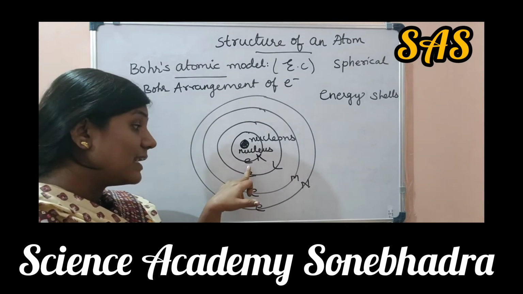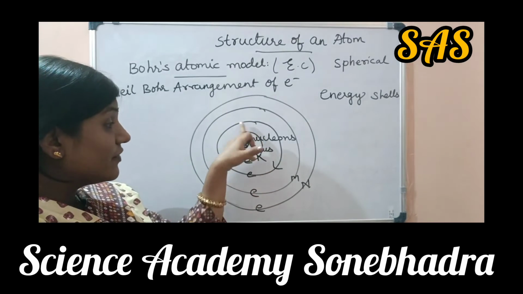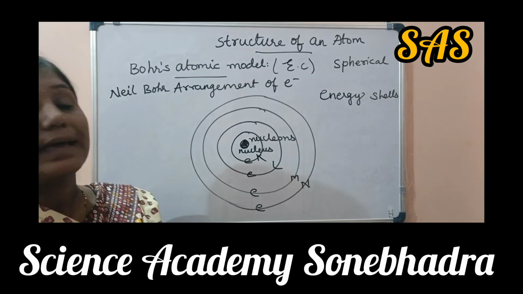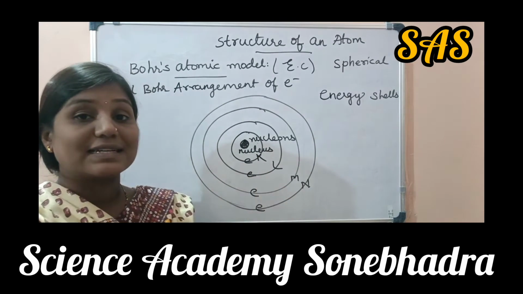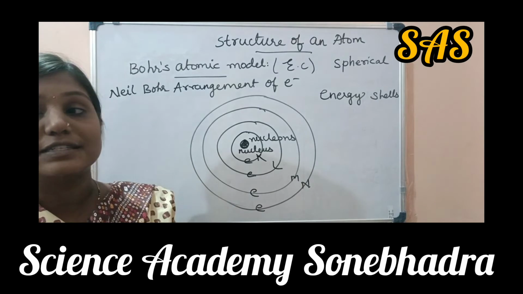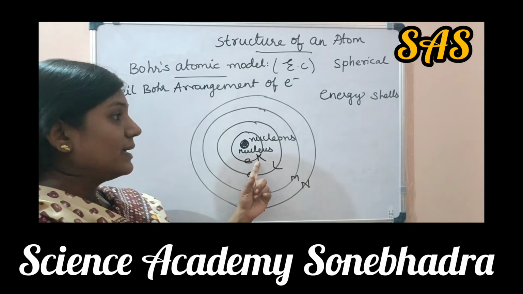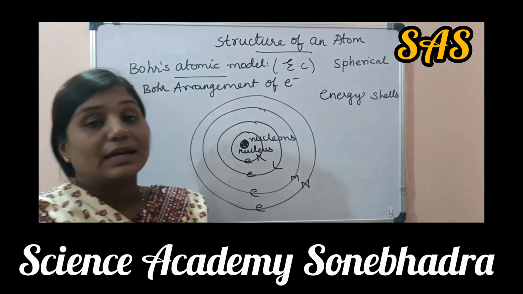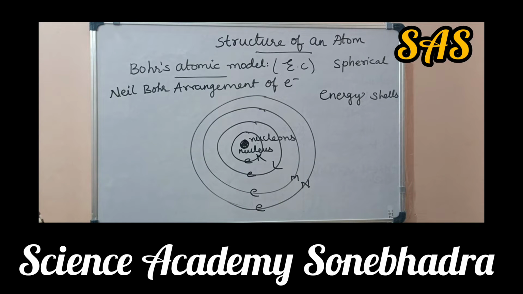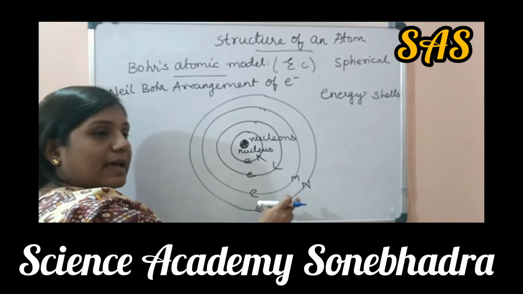So this electron is getting energy from this orbit. Why? Because this orbit has a discrete amount of energy. That's why these orbits are also called energy shells, and they are named K, L, M, N.